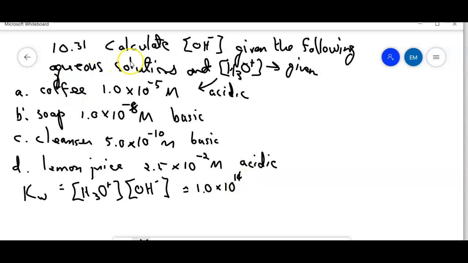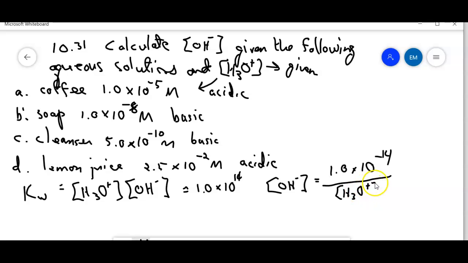In all of these cases, you're looking for the concentration of hydroxide. So the concentration of hydroxide is going to be equal to 1.0 times 10 to the minus 14th over the hydrogen ion concentration. It's going to be the same for all four of these, so we just run through them.